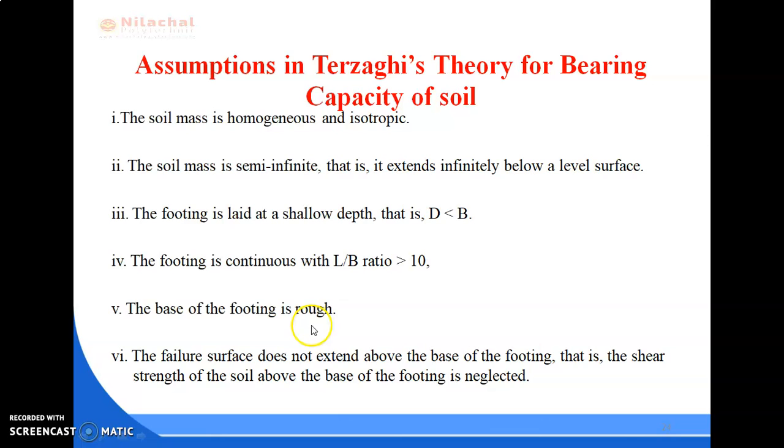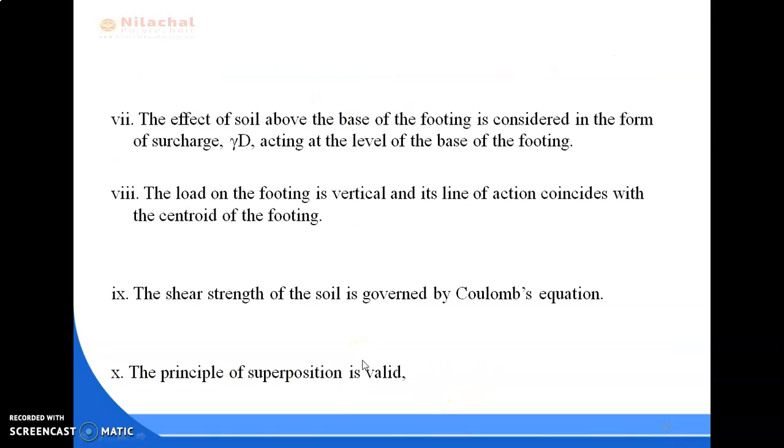The base of the footing is rough. The failure surface does not extend above the base of the footing, that is, the shear strength of the soil above the base of the footing is neglected. The effect of soil above the base of the footing is considered in the form of surcharge gamma D acting at the level of the base of the footing.